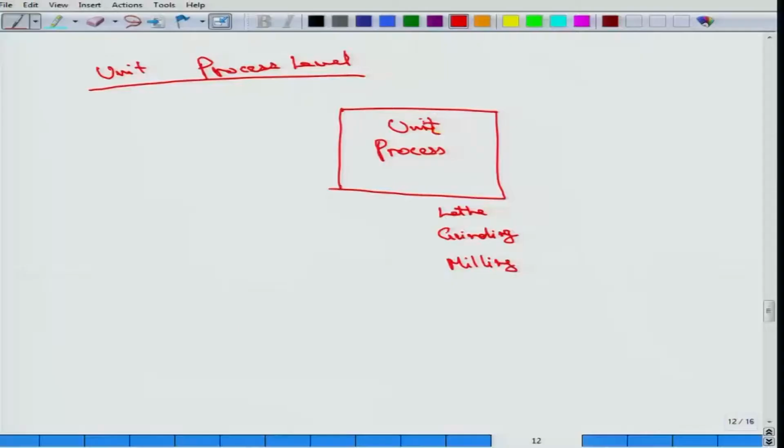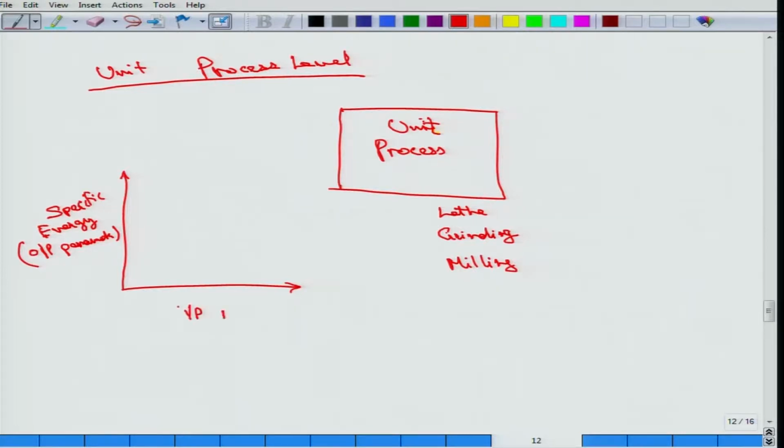So, in this case I can have plots like this: specific energy, and this is actually my output parameter, and I have input parameter here, that can be metal removal rate or speed of my spindle or feed of cutting or maybe depth of cut.